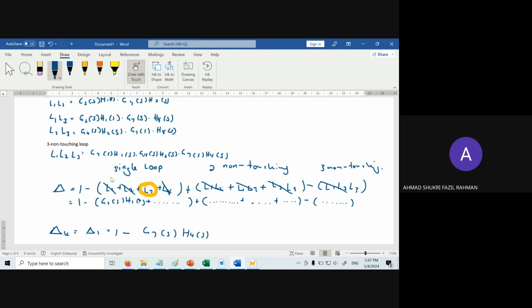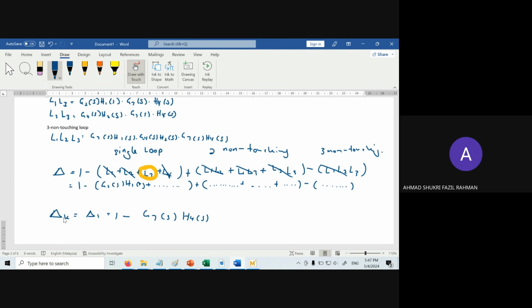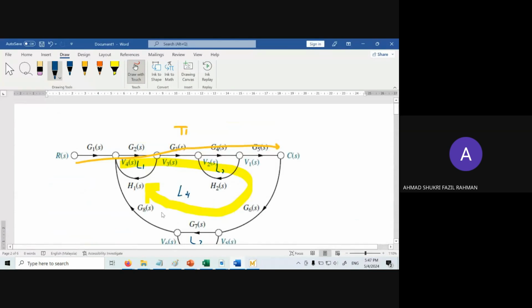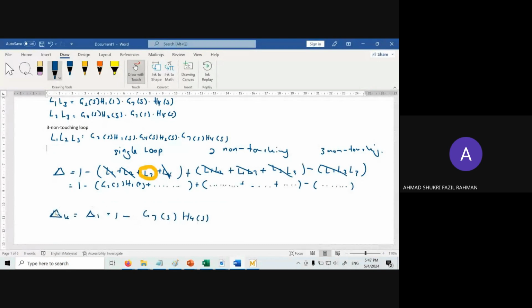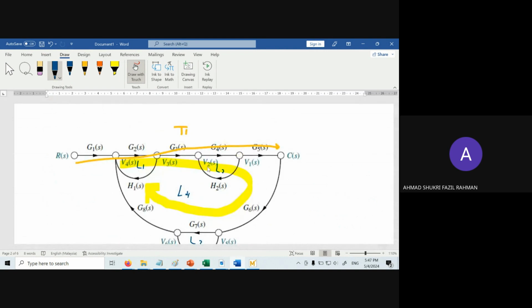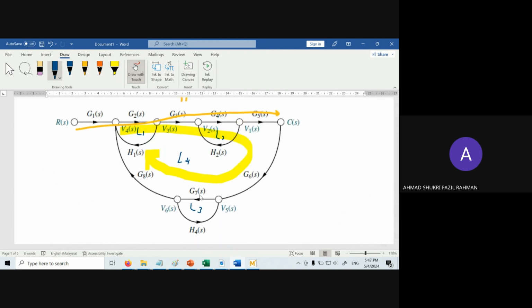Yang ni untuk delta saja. Okay. Kalau yang delta k ni, loop yang tak kongsi jalan dengan T1. Kalau untuk delta 1, mana dia kita merujuk kepada laluan T1. Jadi loop yang mana tak kongsi laluan T1 adalah L3.